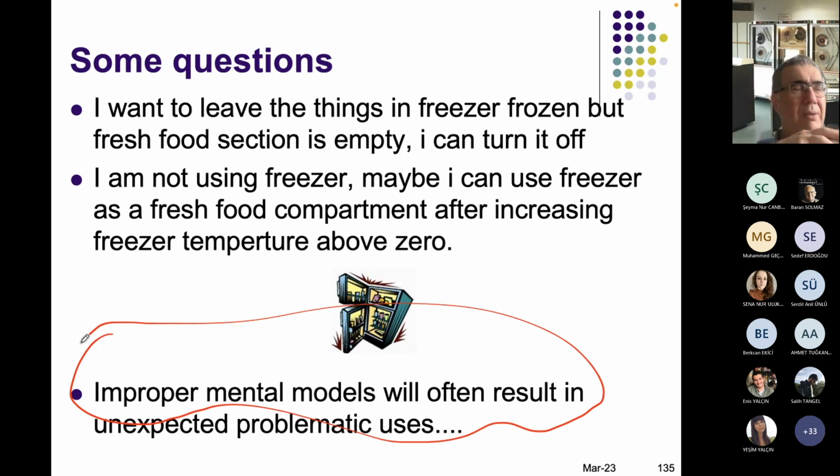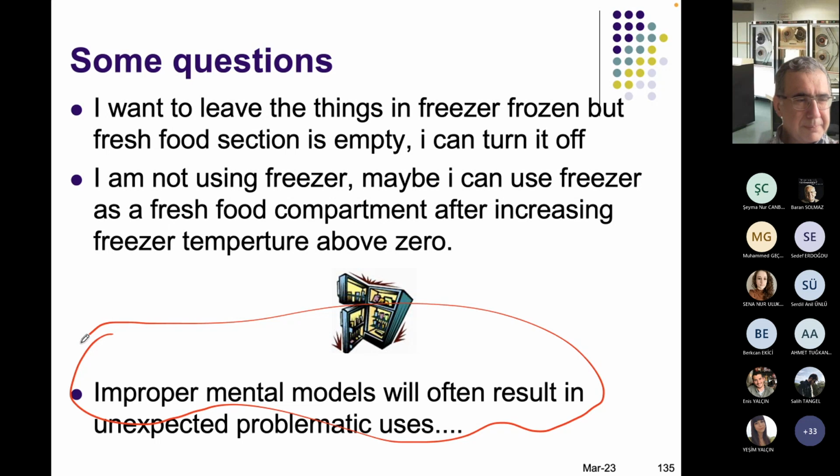These things are quite important in navigation in hospitals, big government buildings, and universities, and many things are related to our past experiences. We have to be careful about that. When an improper mental model is applied, it is going to create problems.